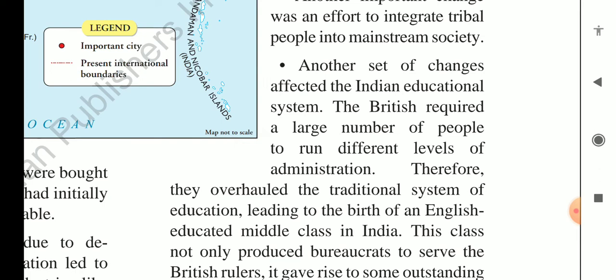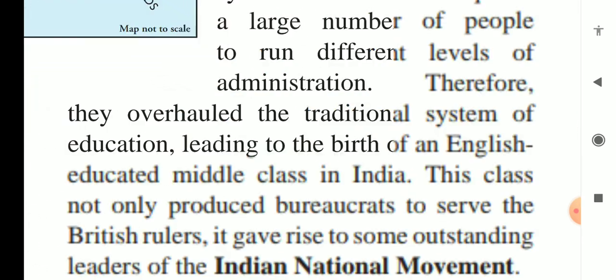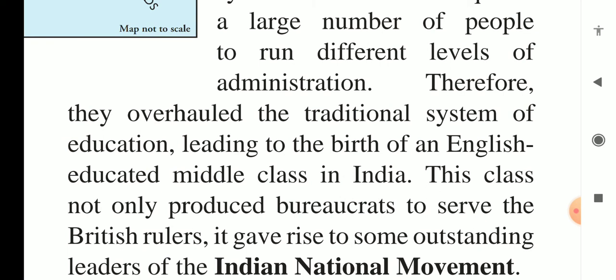So therefore they overhauled the traditional system of education, leading to the birth of an English educated middle class in India. They wanted employees for their administration, and Indian educated people were not able to serve the administration the Britishers were having.